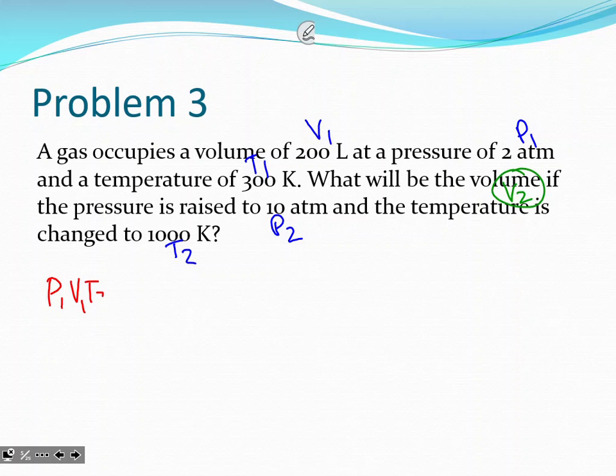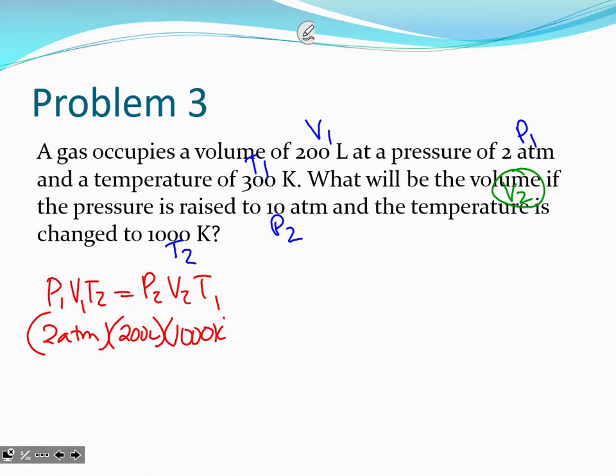P1, V1, T2, V2, V2, T1. 2 atm times 200 liters times 1000 Kelvin equals 10 atm times, we're missing, no, we got the pressure too, we're missing the volume too.